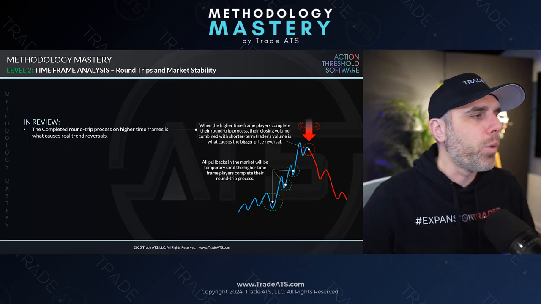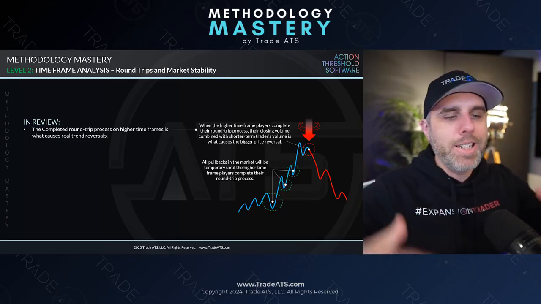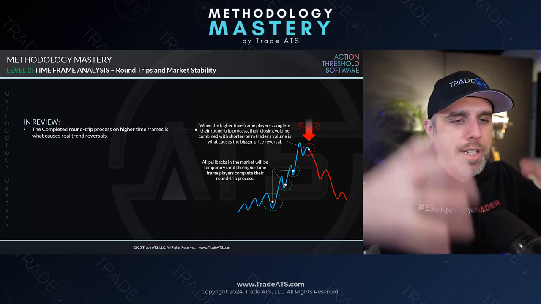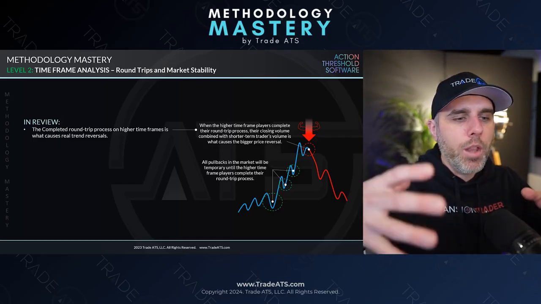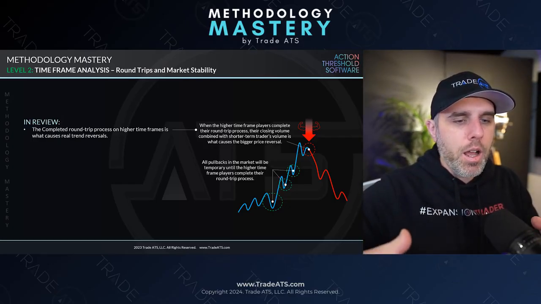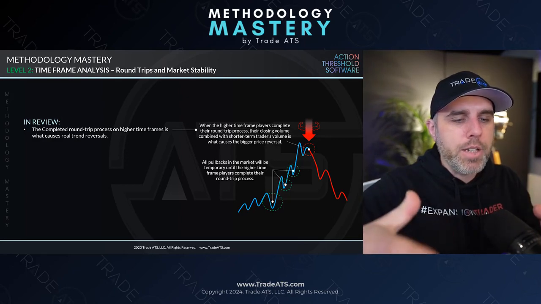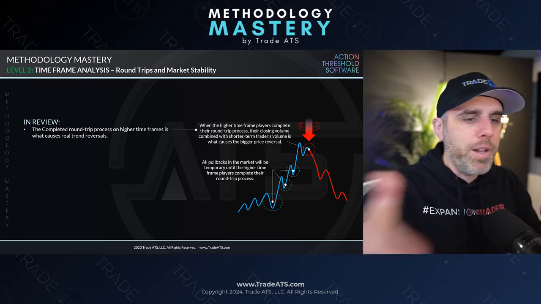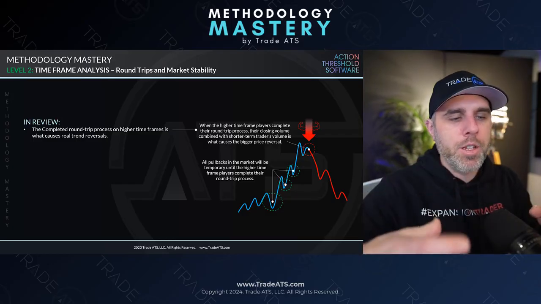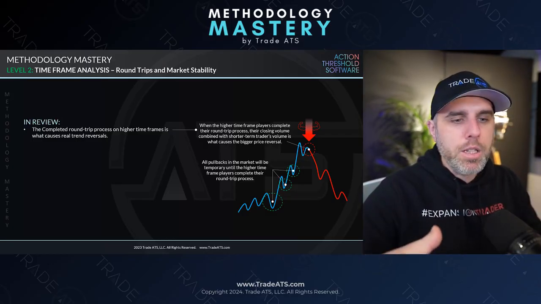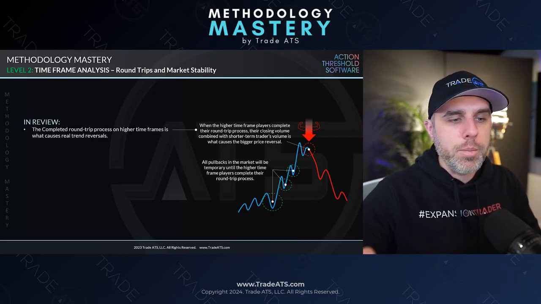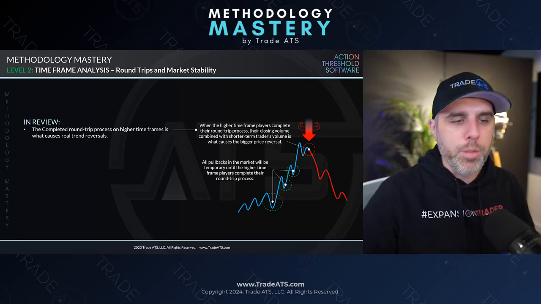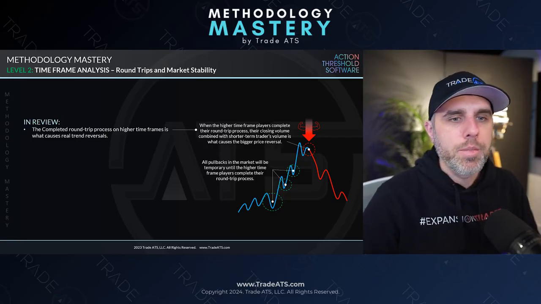If we're looking at daily traders looking at the daily chart, you would need over 50% of the people stabilizing that daily chart to change their mind. The moment 50% of those time frame specific traders complete their round trip or start a new round trip in the other direction, that's when you actually get a full-blown reversal. It's got to tilt the scale.